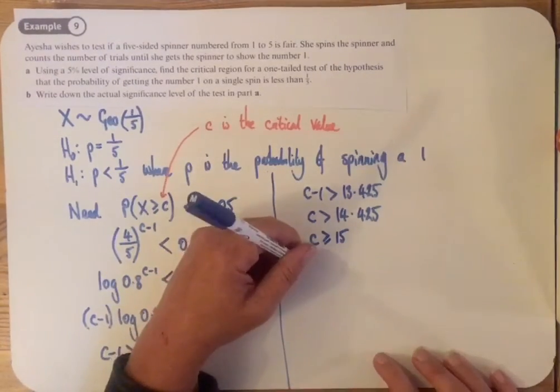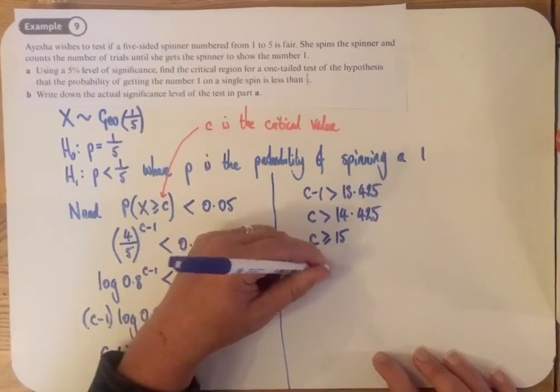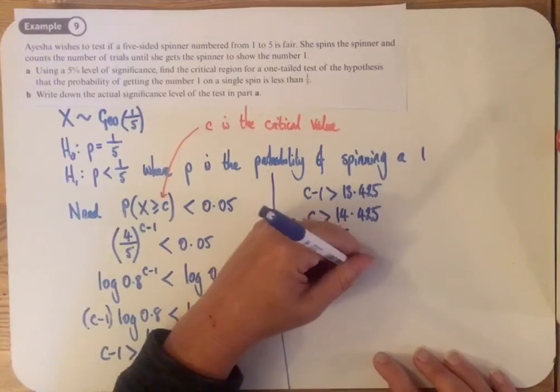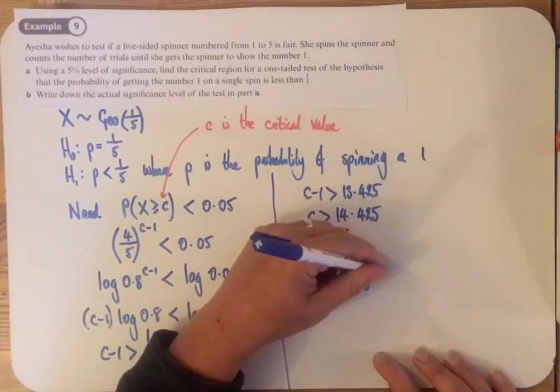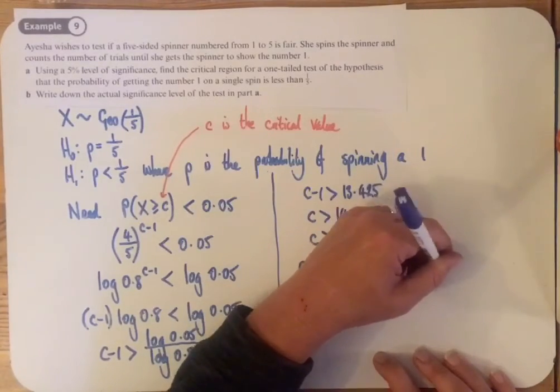So the critical region, I don't know if c strictly is the critical value, hence the slight pause there, but the critical region for this hypothesis test is that x is greater than or equal to 15.